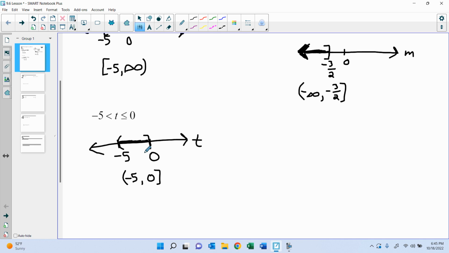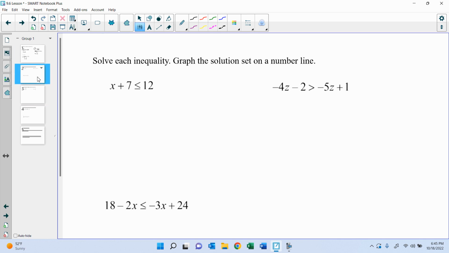So for example, -1 would be between -5 and 0. -2.758 is between -5 and 0 because -2.758 would be somewhere in here. Okay, so the solutions for these types of inequalities have a whole bunch of solutions, a whole interval, so we have to write them a little differently.